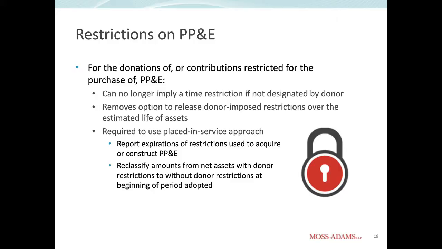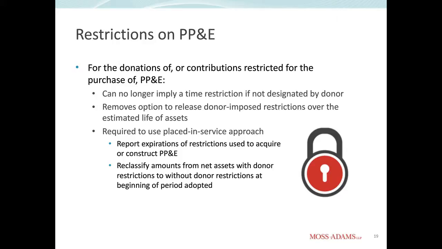The amount classified may or may not be equal to the amount of the related depreciation. The amount to be reclassified shall really be based on the length of time indicated by the donor-imposed restrictions, if a restriction exists, while the amount of depreciation is based on the useful economic life of the asset.